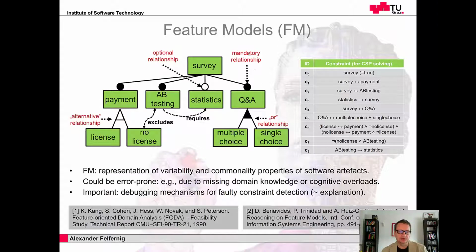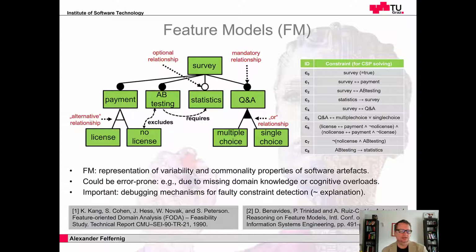We have a mandatory relationship, so every instance of the survey software should have a question answering feature, otherwise the software doesn't make sense. We have an or relationship. In this context, this would mean if we have to select a question answering instance, we could choose multiple choice, single choice, or both, and we have alternative relationships which basically represent an XOR semantics.